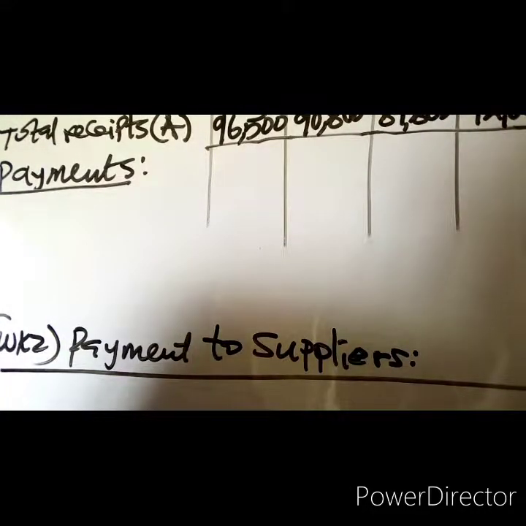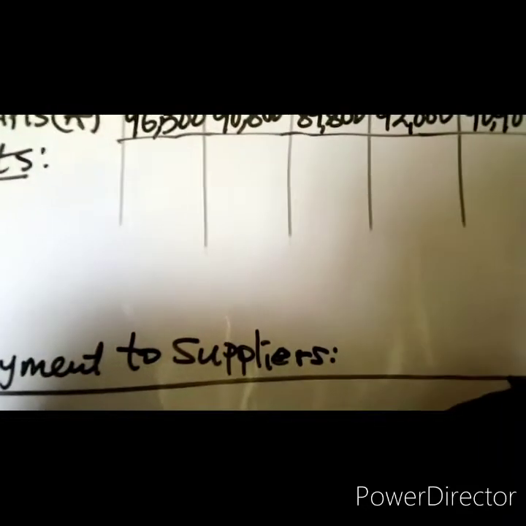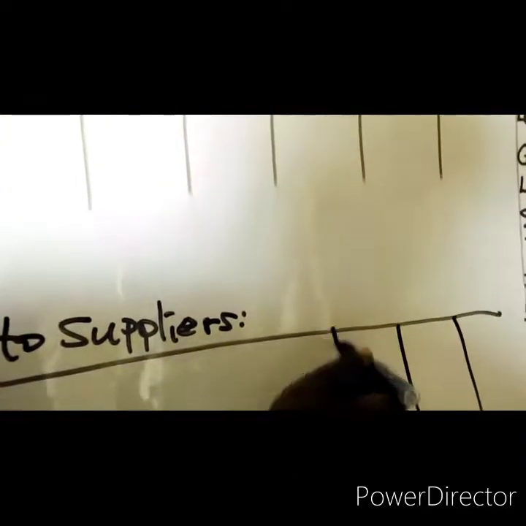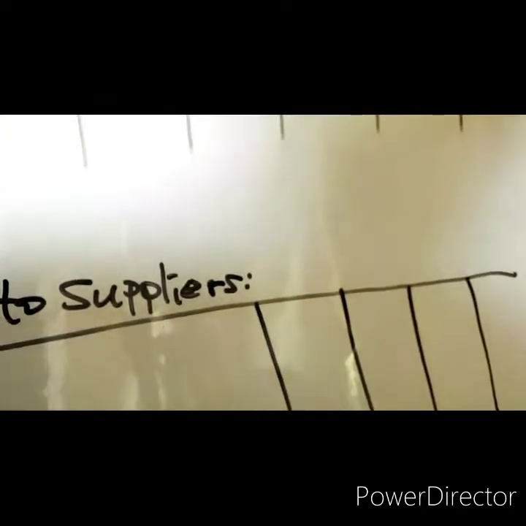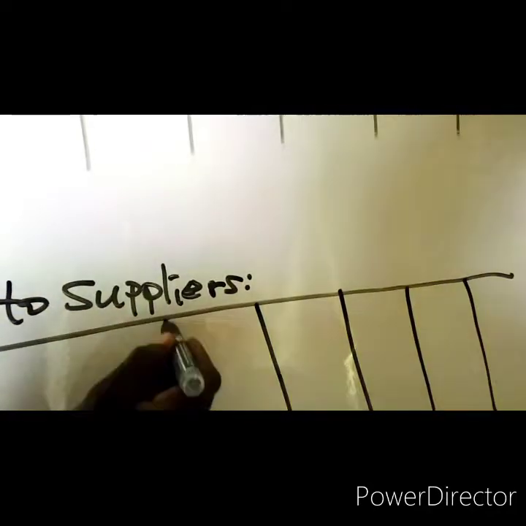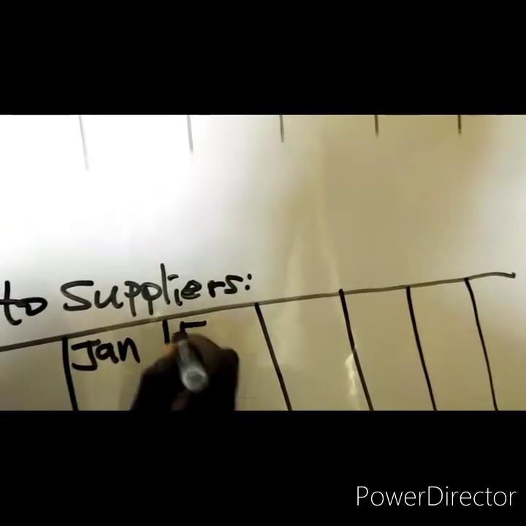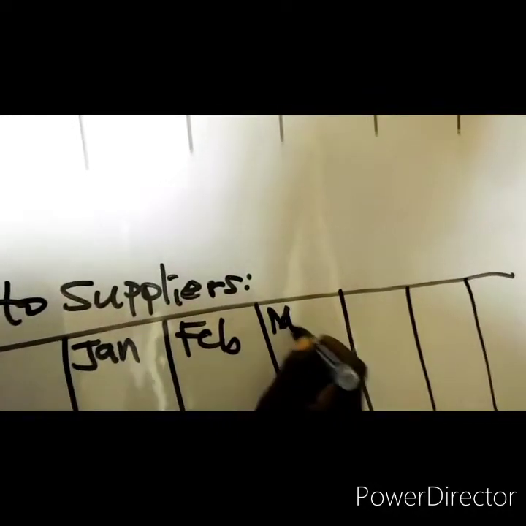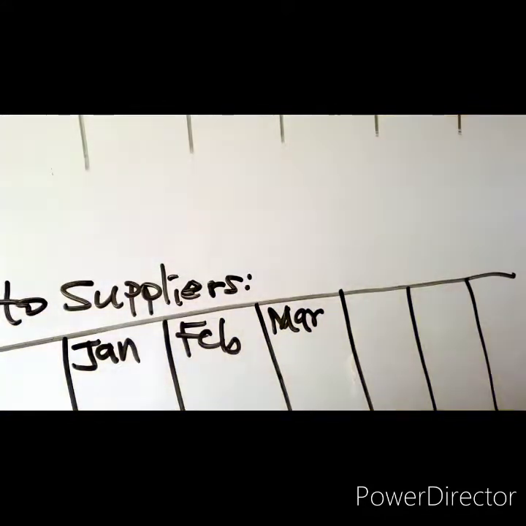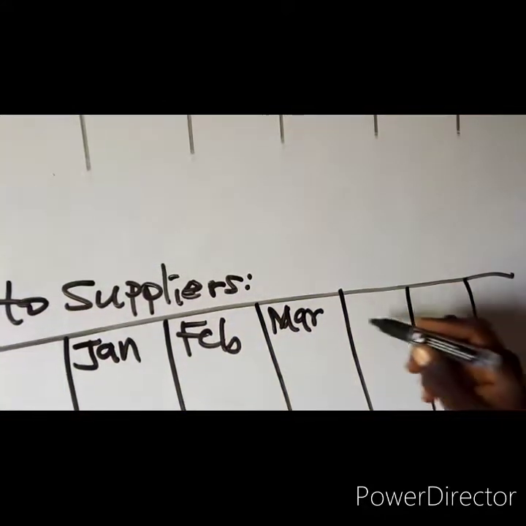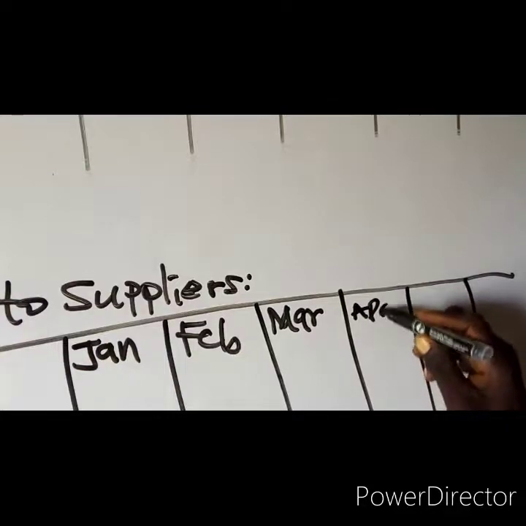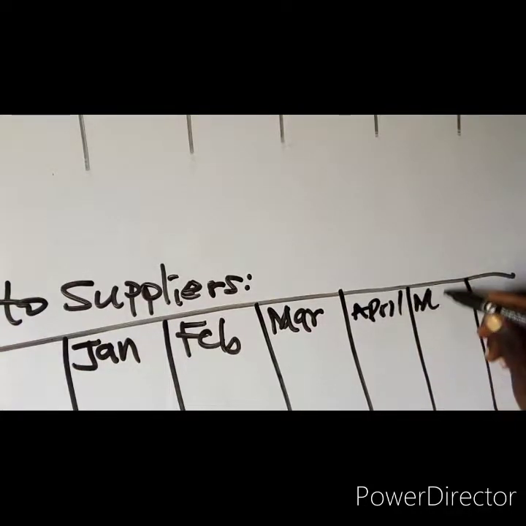Now for the month of June, May, April, March, February and January 2020. January, February, March, then we have April, May and June 2020.